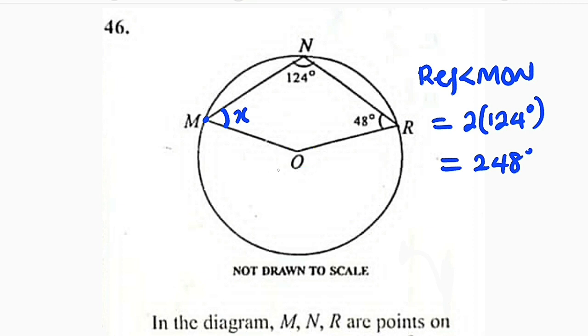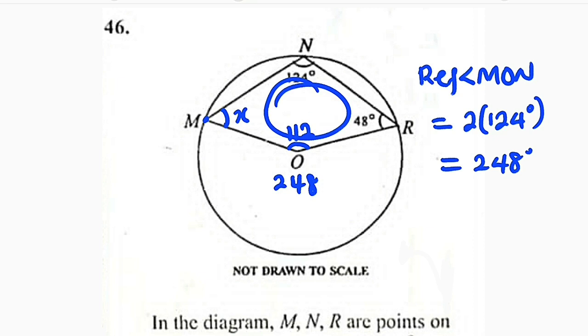Let me just write it. So what about this angle? Remember, angles at the center add up to 360. For you to find this particular angle, we're going to subtract 248 from 360. So 360 minus 248 is equal to 112. This particular angle here is 112.